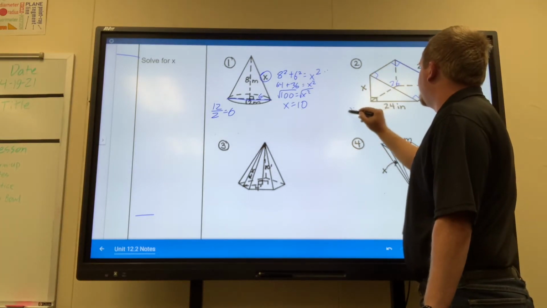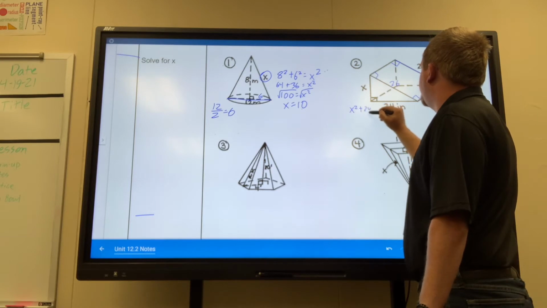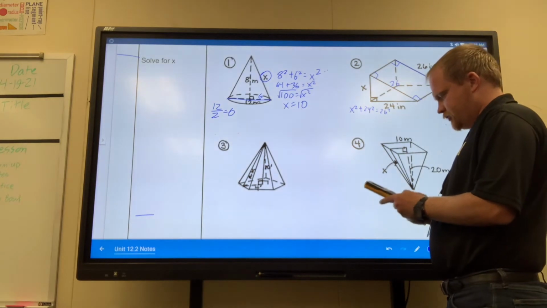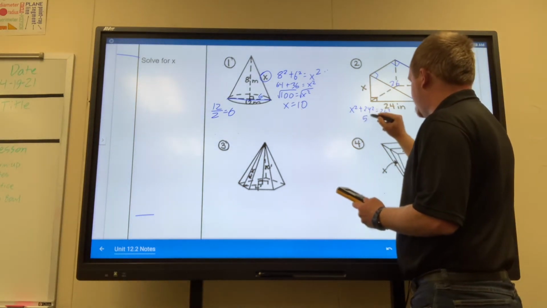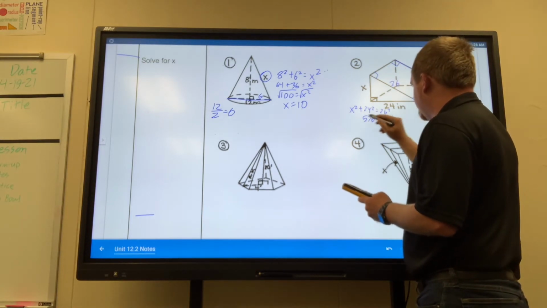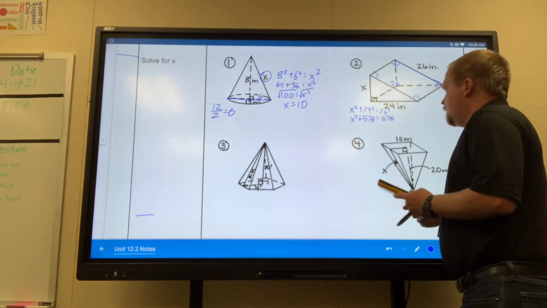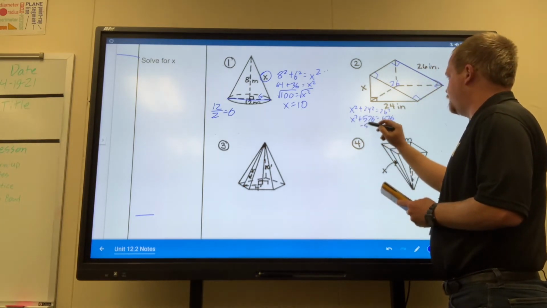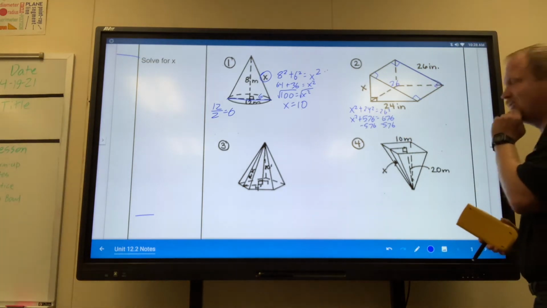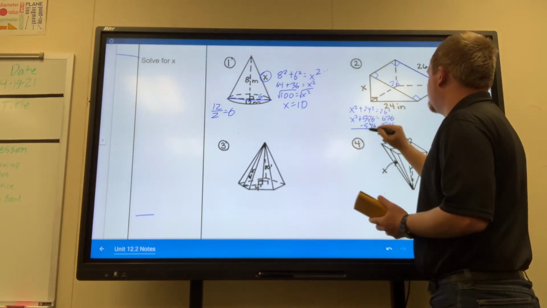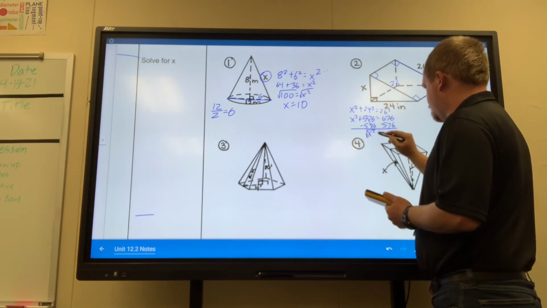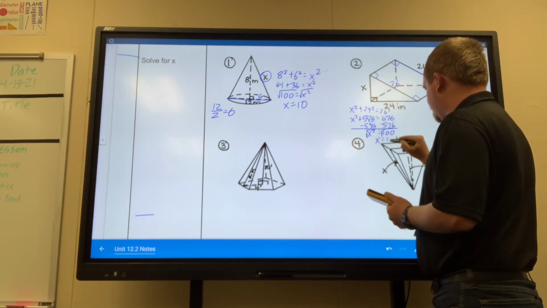So x squared plus 24 squared equals 26 squared. 24 squared is 576, 26 squared is 676. So I want to subtract 576 from 676. x squared equals 100. Take the square root of that, and x is going to give me 10.